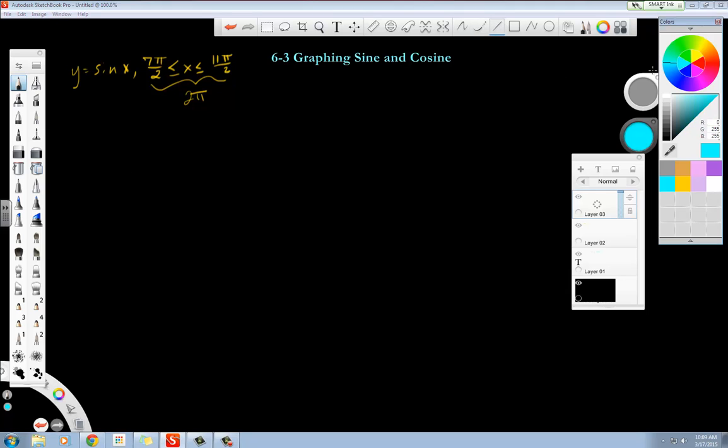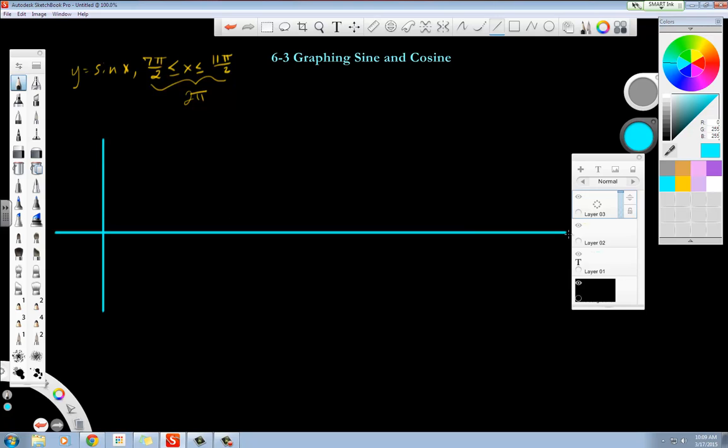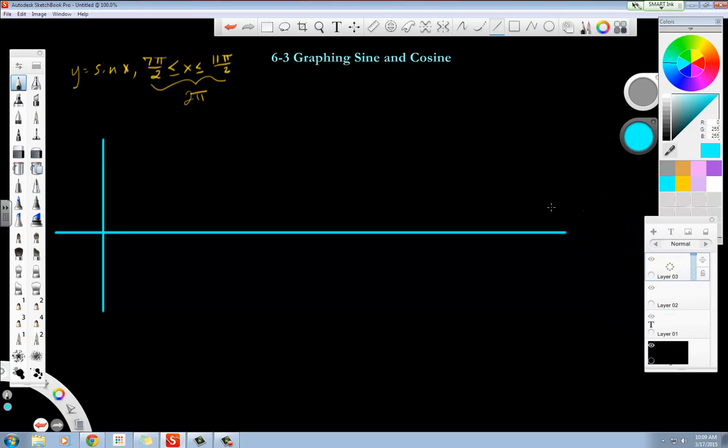So let me make my graph out, and this is going to go off to the right for a long way. So I'm going to really supersize that. Okay? I'm going to go a long way out through there. And what I'm going to do first is start breaking this up into our traditional ways.